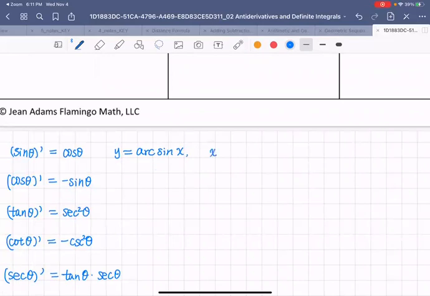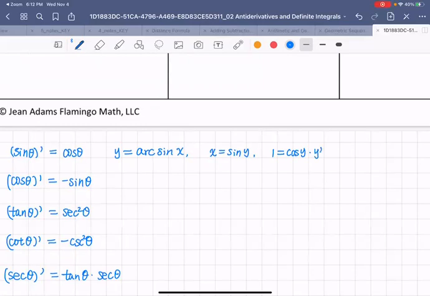We can say x equals sine y, and take the derivative of both sides: cosine y times dy over dx, y prime.